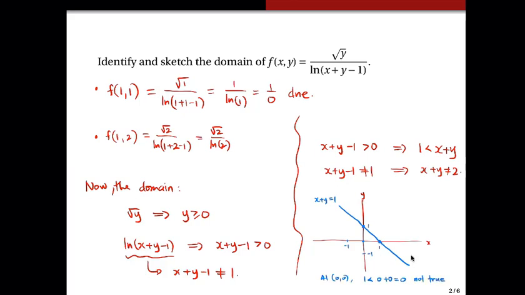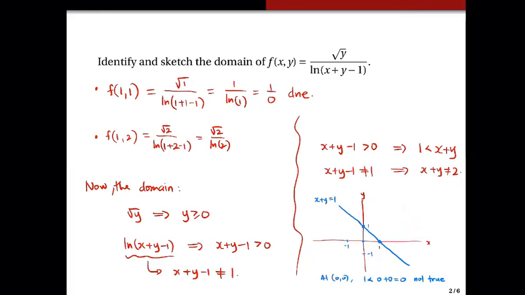So what does this mean? This means that this side here will not be included in the domain of the function f. So it must be this side. Again, this side here will not be part of the domain of the function f, and therefore we conclude that the opposite side will be part of the domain.